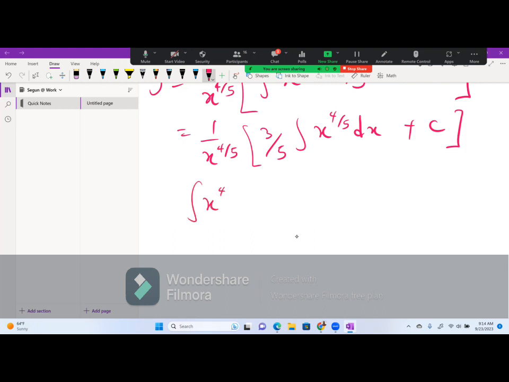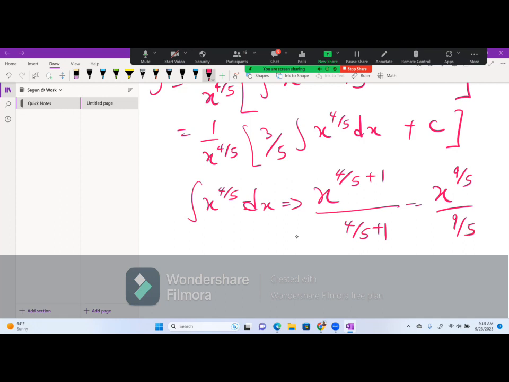The integral of x raised to the power 4 over 5 dx is x raised to the power 4 over 5 plus 1, divided by 4 over 5 plus 1. Remember the law. When you resolve the two together, you have x raised to the power 9 over 5 over 9 over 5.